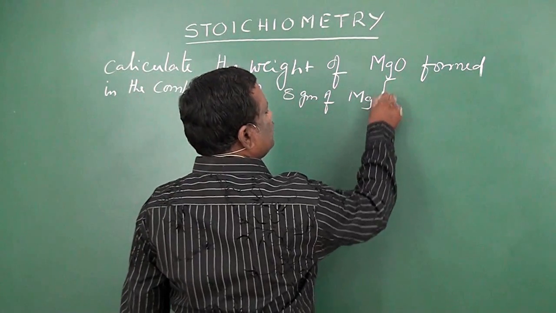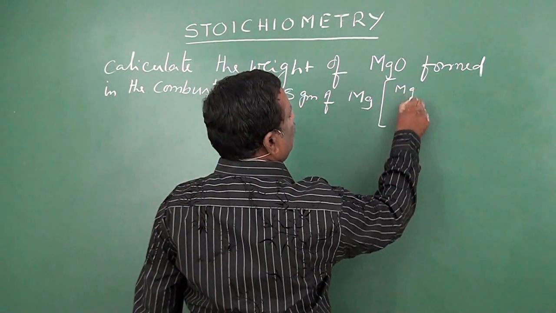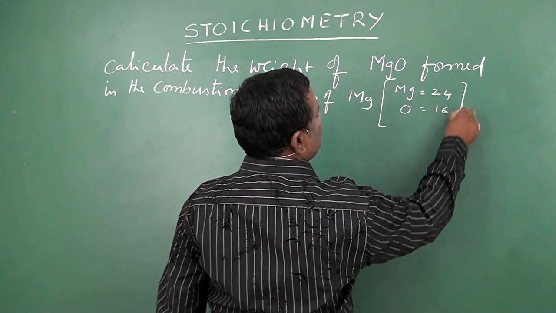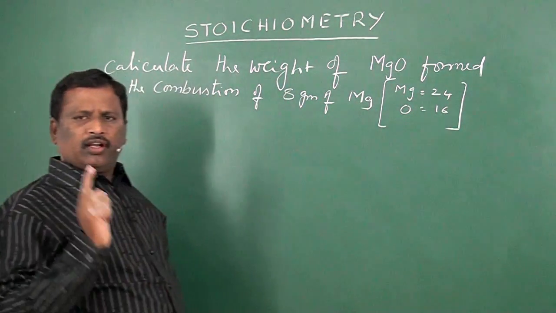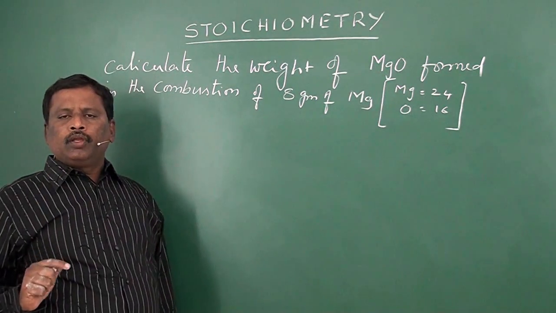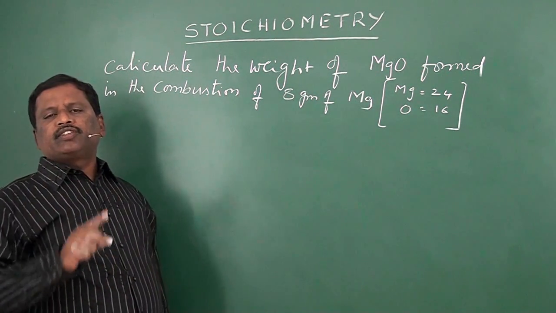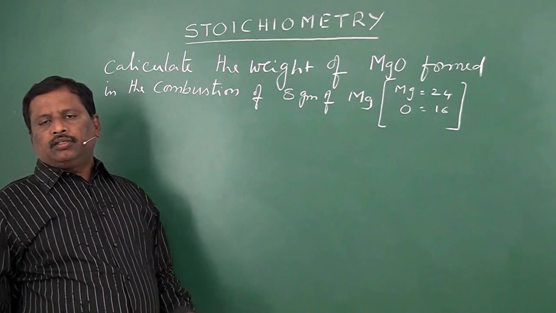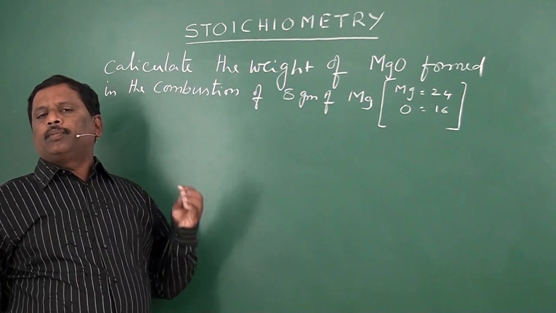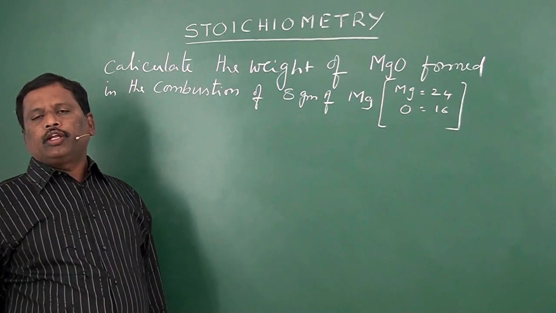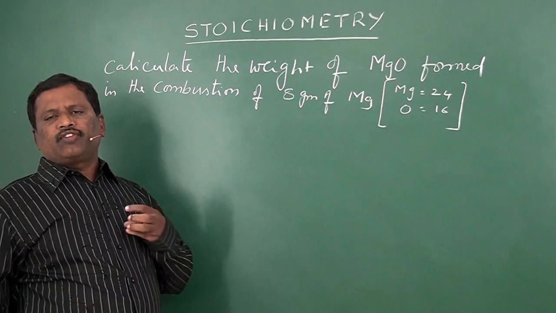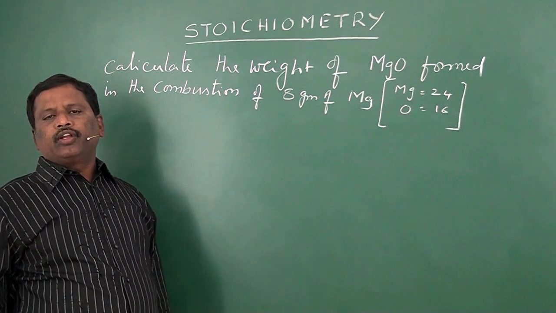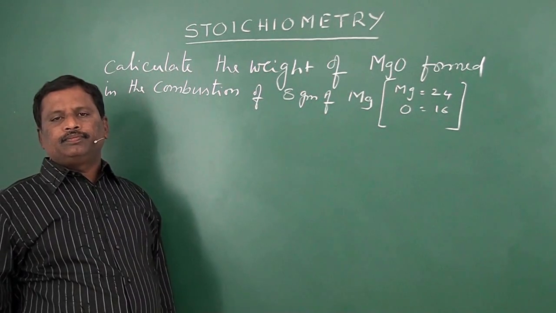Now the atomic weights, Mg atomic weight is 24 and oxygen atomic weight is 16. Because you should remember the molecular weights and atomic weights of important compounds. For new elements or new compounds, they will give you the atomic weights or the molecular weights. But for those atoms which are familiar in our regular lessons, they won't give us the atomic weights.